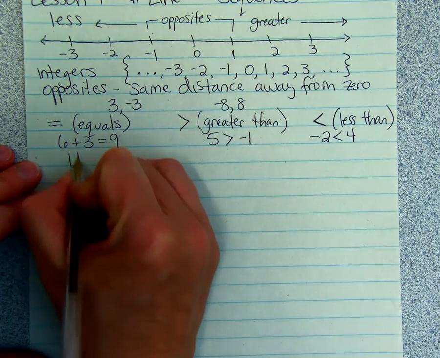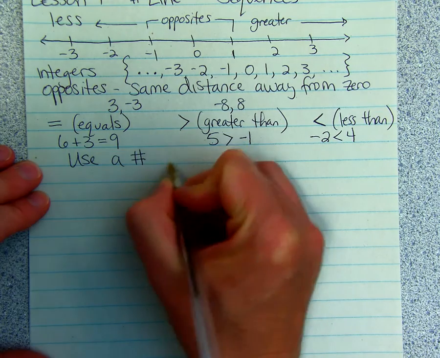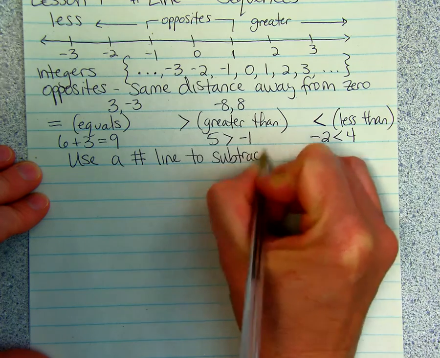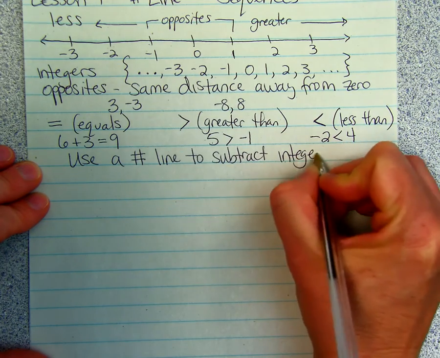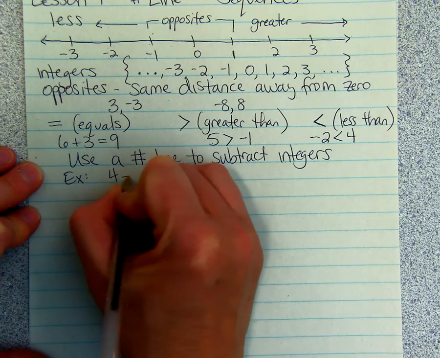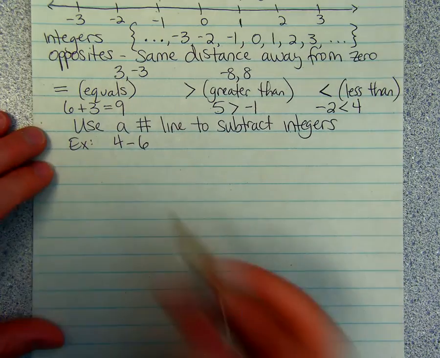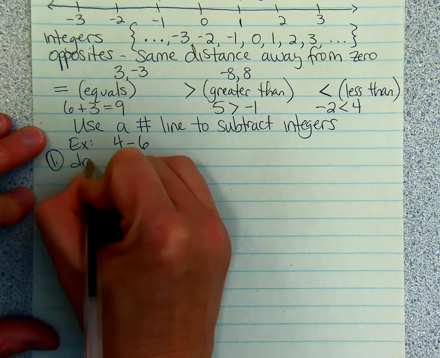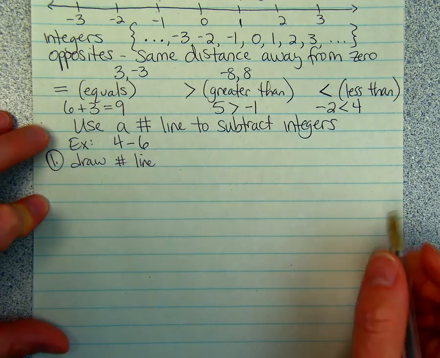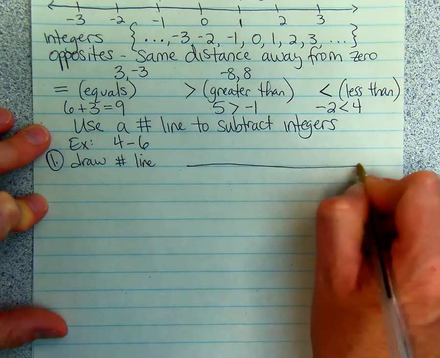So you can use a number line to subtract integers. So here's an example. If we wanted to do 4 minus 6, first you draw a number line. So we're going to have our number line here.